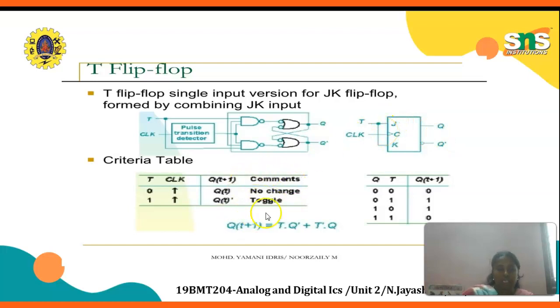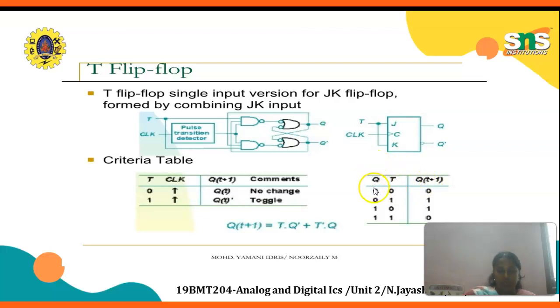Let us see the truth table. If T is 0, there is no change in the output. If T is 1, the output toggles. I will repeat this in the characteristic table, which shows the present state, the toggle flip-flop input and the next state.